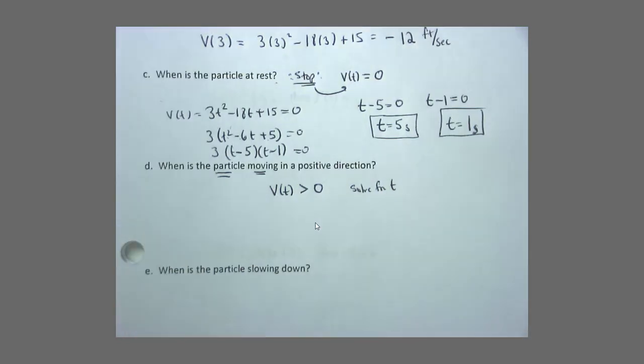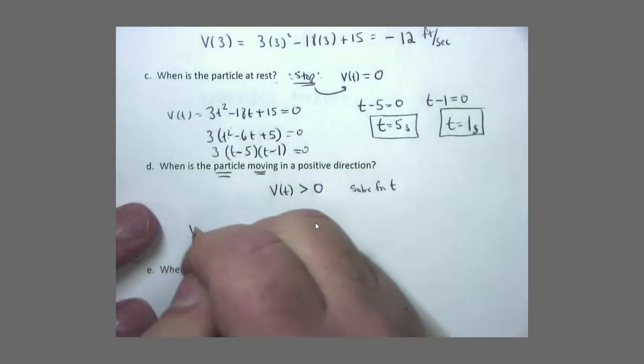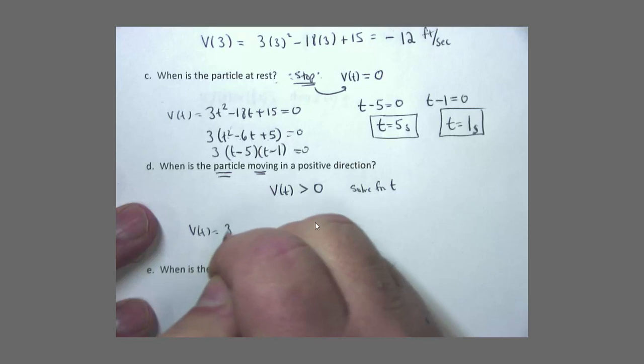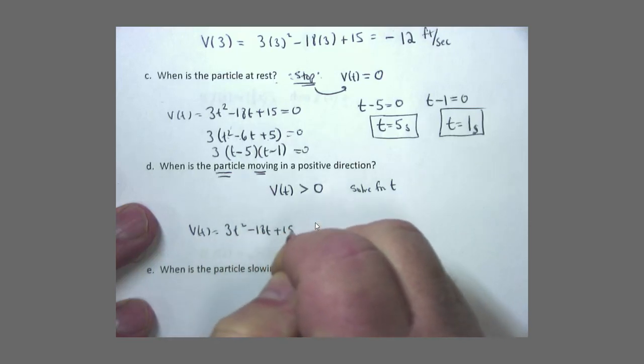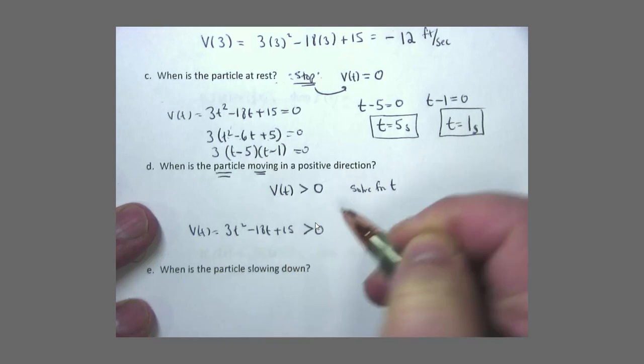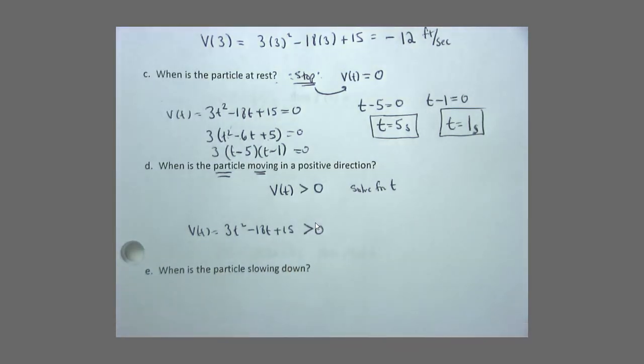Now, this is going to go back to some old high school stuff that you guys have done. The velocity equation, which was 3t squared minus 18t plus 15, we're going to solve it for when it's greater than 0. How do you solve a quadratic inequality is the big deal here. Well, the first thing you do is you treat the quadratic inequality as an equality.